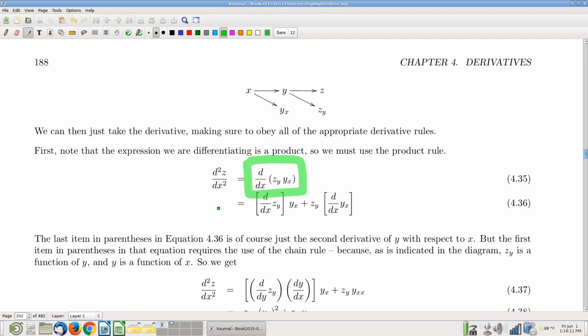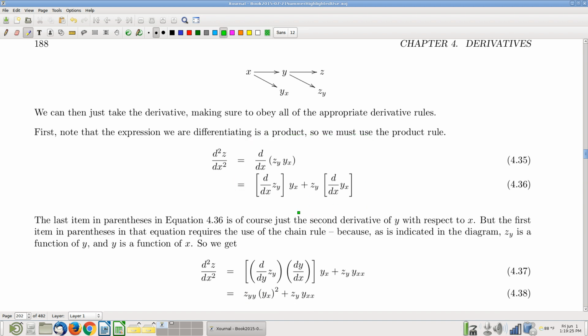First, notice I'm taking a derivative of a product. Here's the product rule. Everybody happy? Haven't really done anything yet. Now here's where we have to use the chain rule. Let's look at this factor here.